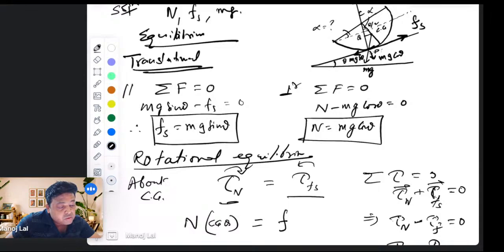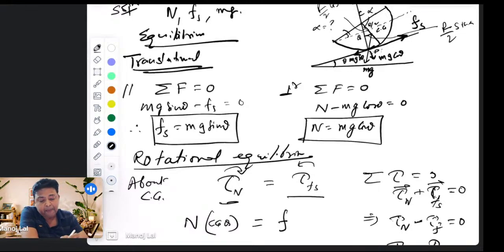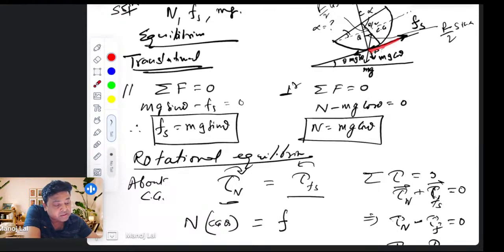So this will be R by 2 sine alpha, and this will be R by 2 cos alpha. For friction, the perpendicular distance is this one. The total distance from here is R, so this will be R minus R by 2 cos alpha.